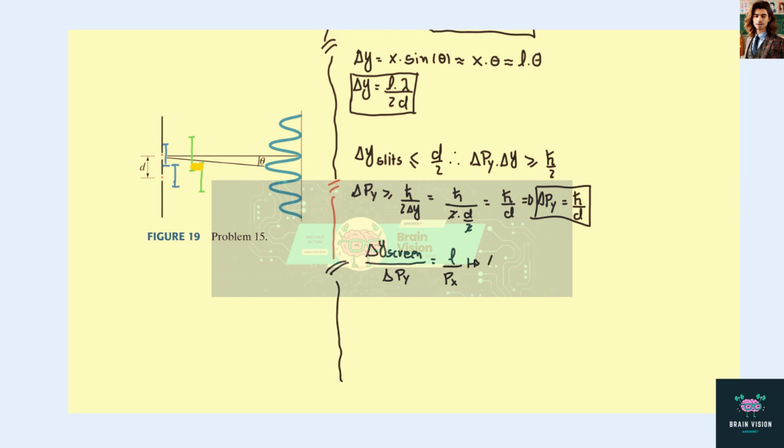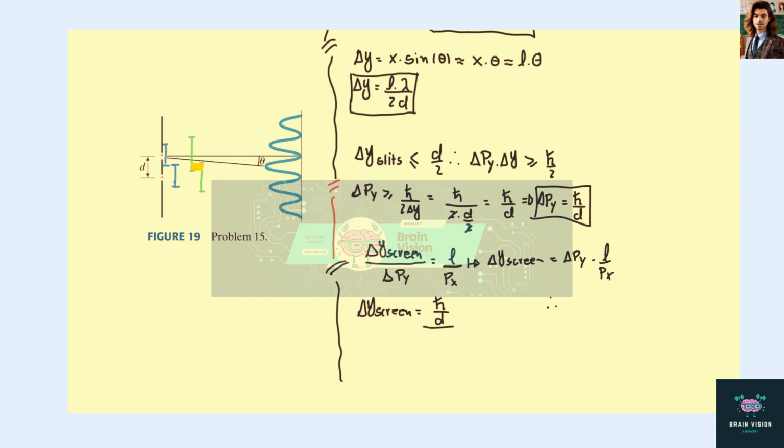Therefore, delta y at the screen is equal to delta py times L divided by px. By plugging in our previous results, we get the following. Delta y at the screen is equal to delta py, which is h bar divided by d, divided by px.